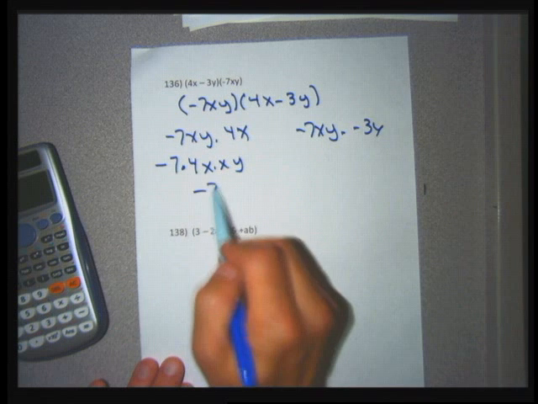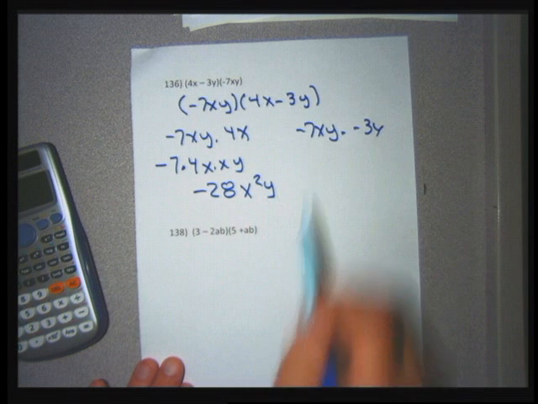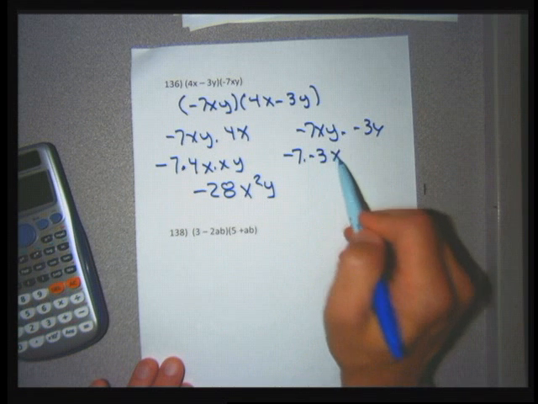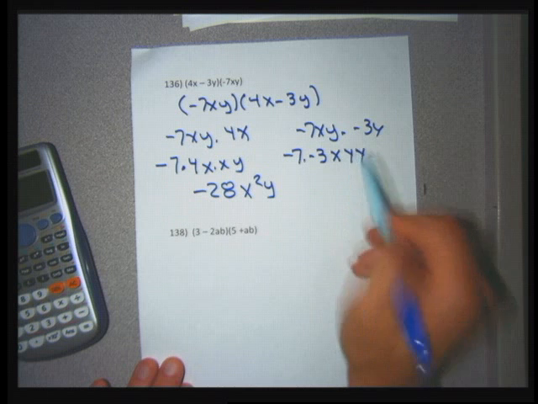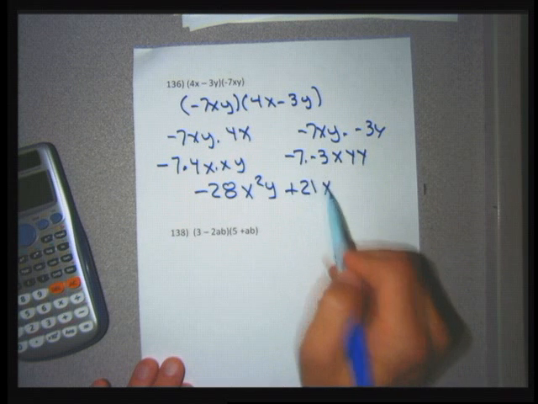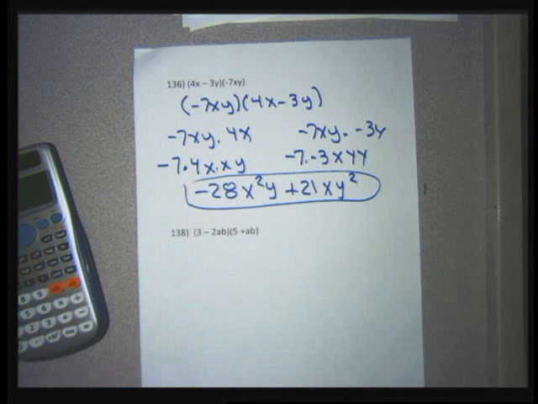And you get minus 28 x squared y. Second multiplication, I go minus 7 times minus 3, 1x from the first, and then the two y's, one from each. I get a positive 21 xy squared. Those can't be combined to anything different because the exponents aren't the same on the letters.